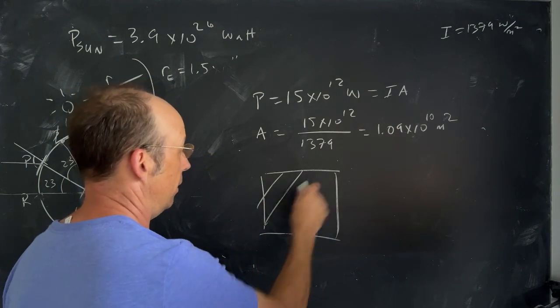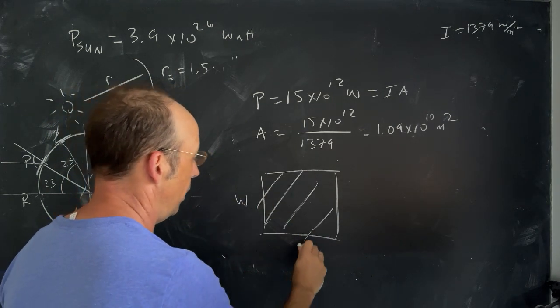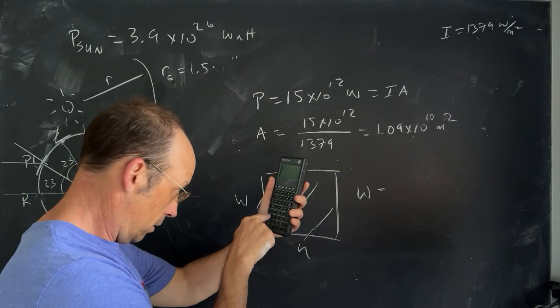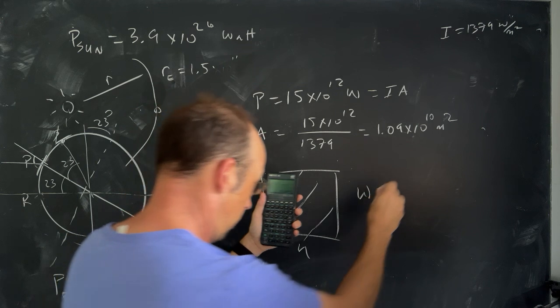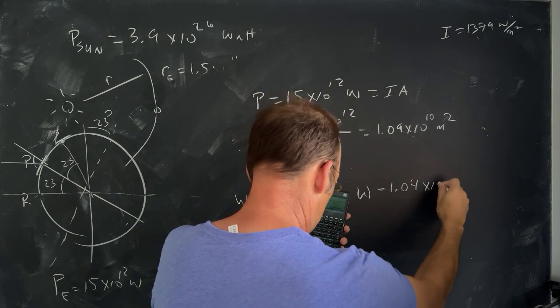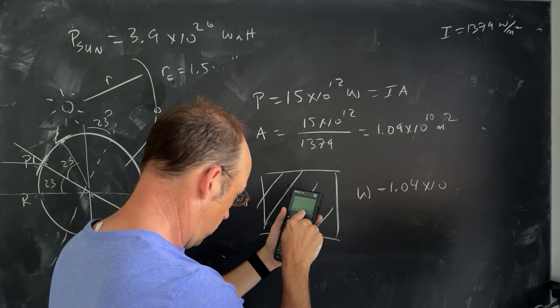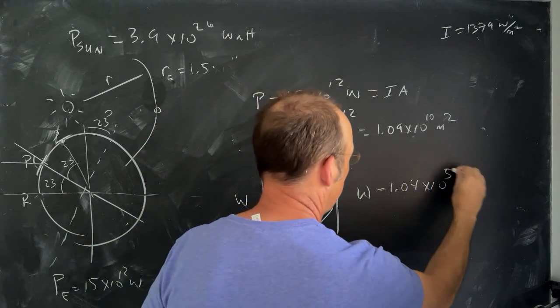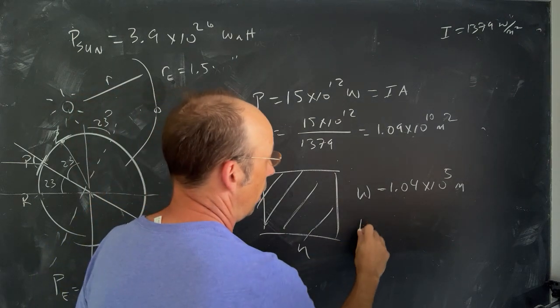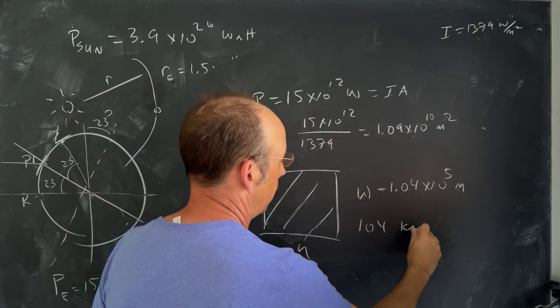I know the area, so what's the width and the height? So the width here would just be the square root of that. And I get 1.04 times 10 to the 5. So we could write that as 104 kilometers.